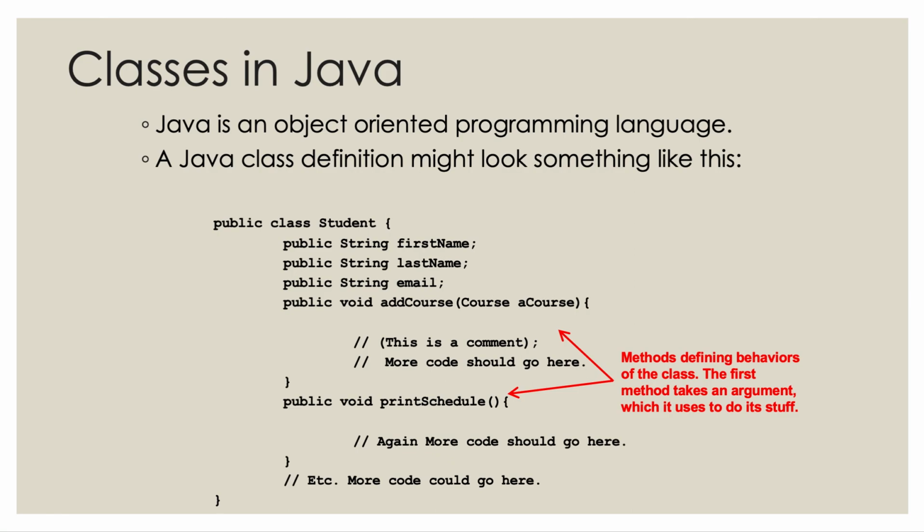And then we have public void printSchedule. Again, this is public, meaning we can use this method outside of this class. And void means that it doesn't return anything. And the name of the method is printSchedule; in the parentheses we have nothing.